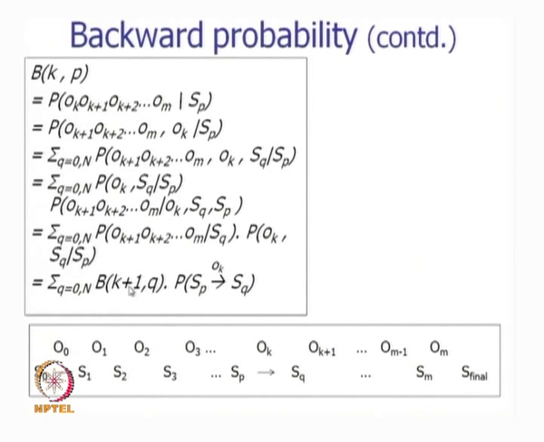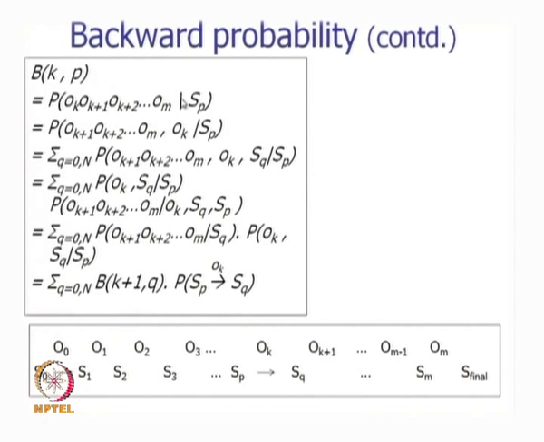Here also the boundary condition is obtained from the final symbol O m, the state before O m and the final state. So, these probability values have to be given. Again, this backward probability can be computed in linear time proportional to the length of the sequence for which the backward probability is calculated.